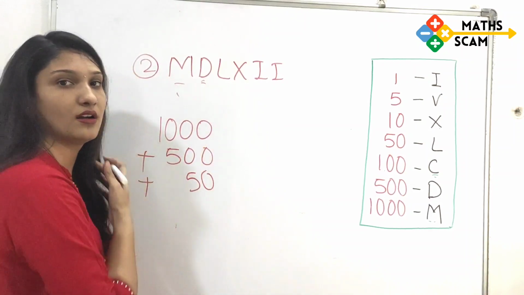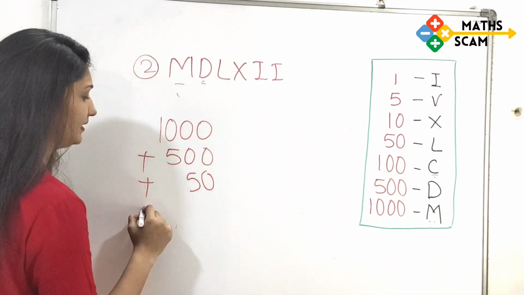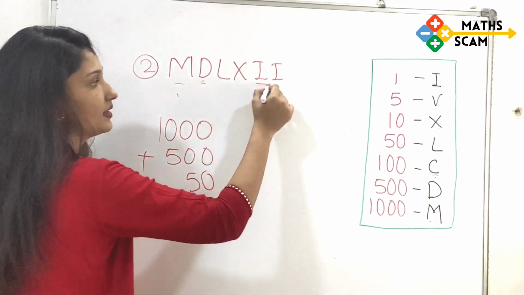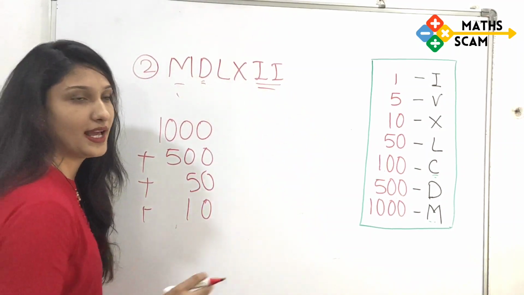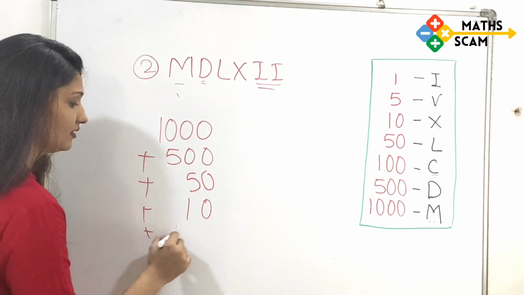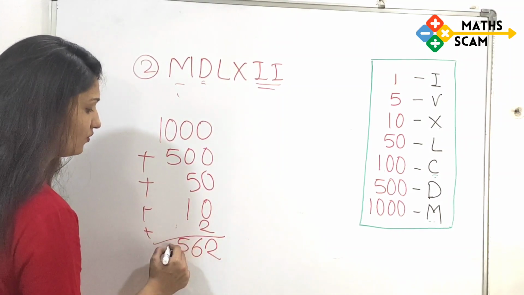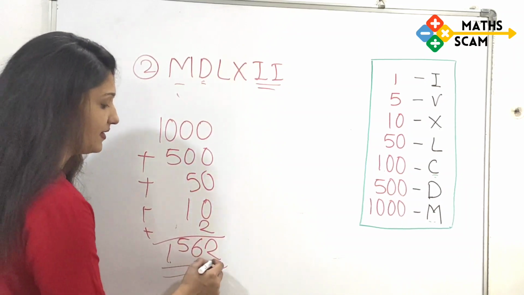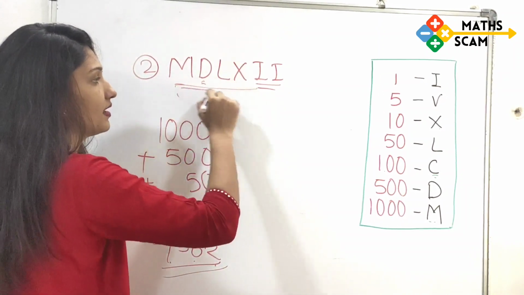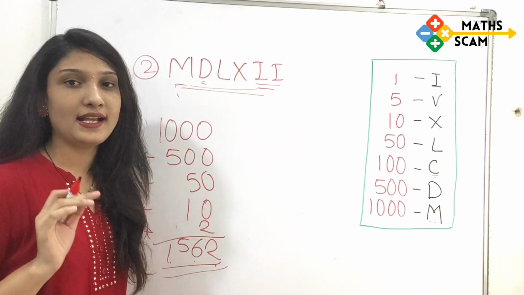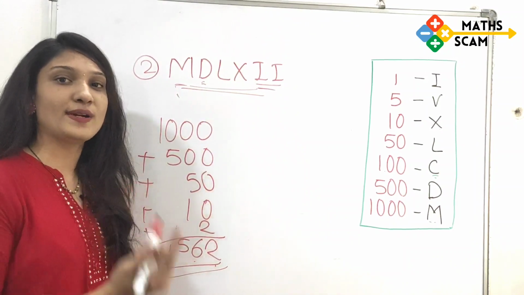X stands for 10. So write 10. Double I. Double I means 2 times 1. So it is 2. Add these numbers. So 1562 is the conversion of MDLXII.